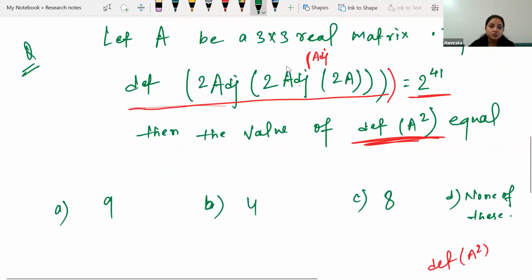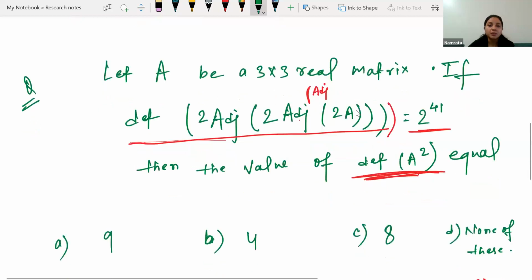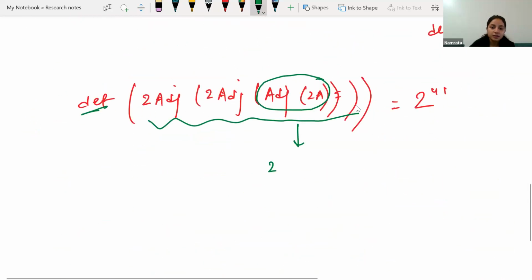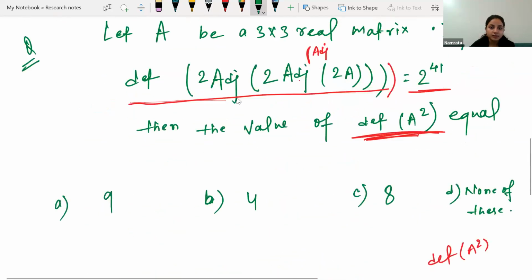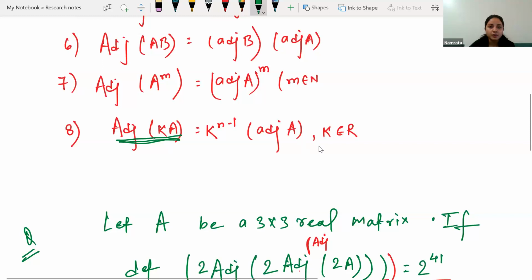What is n? A is a 3 cross 3 real matrix, so n is 3. That's what was written over there, right? Can you see the property over here? Let's move ahead.